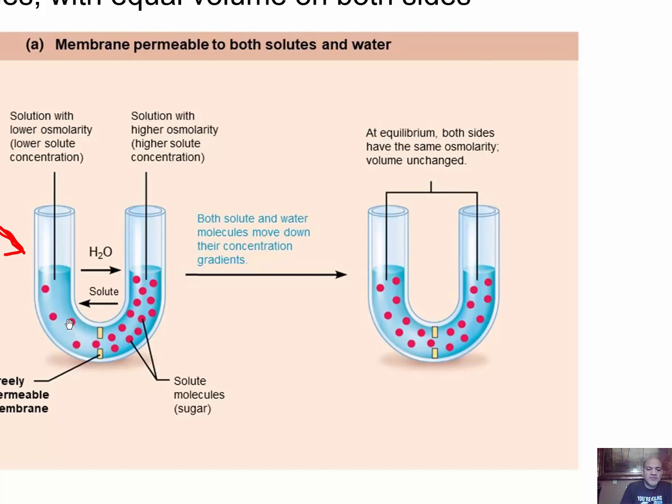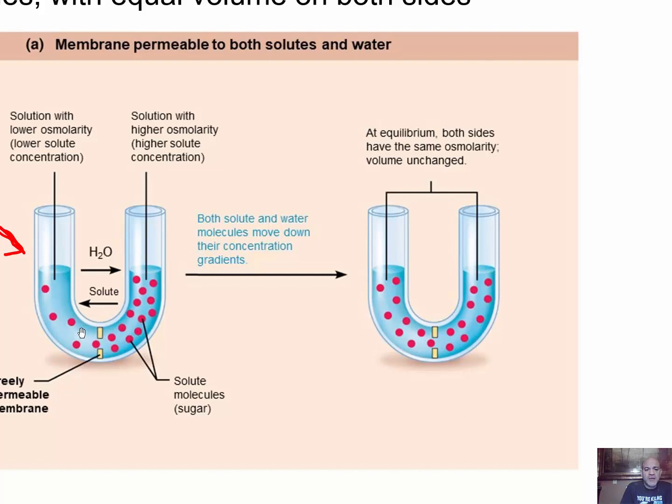You can see there's different concentrations. So on the left, we have a lower osmolarity than on the right. But with a lower osmolarity on the left, that means we have a higher water concentration over here. And on the right side of the tube, we have a lower water concentration, even though it's a higher solute concentration or osmolarity.